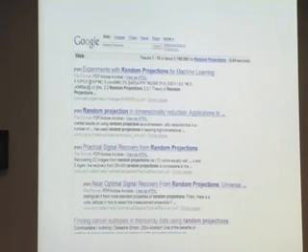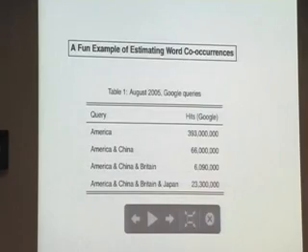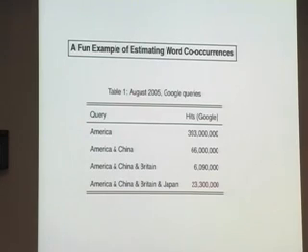I'm guessing that this number is from some kind of sampling, because, for example, in August 2005, when I was at Microsoft, I was very bored, so I did some experiments. If you type America, I get a hit count of almost 4 million, and by the way, this is outdated. Then I add another word, China, and the hits should be smaller, as we would expect.